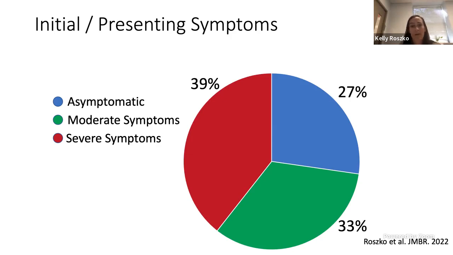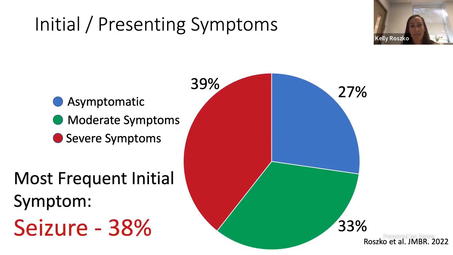We classified moderate symptoms as muscle cramps and spasms, bone and joint pain, tetany, paresthesias, brain fog, and fatigue. 39% of the patients presented with severe symptoms, and these included seizure, loss of consciousness, and laryngospasm. Of note, the most frequent initial symptom presentation was seizure. That was in 38% of our patients.